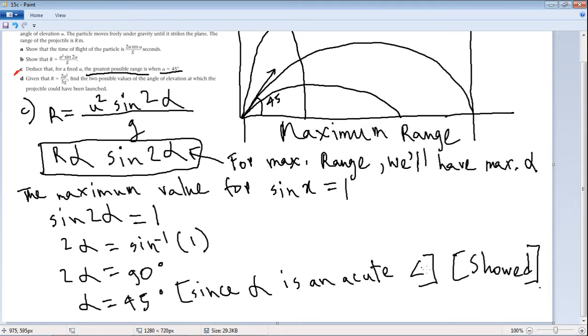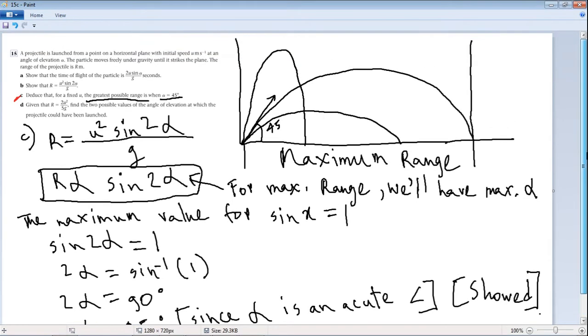So what we have learned from here is that 45 degrees is the angle of maximum range.